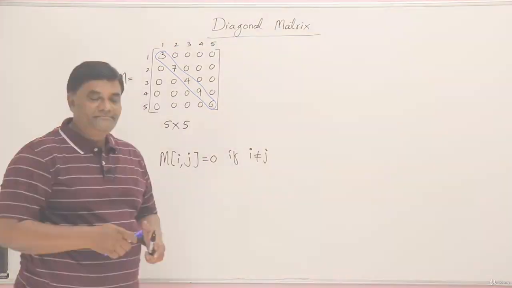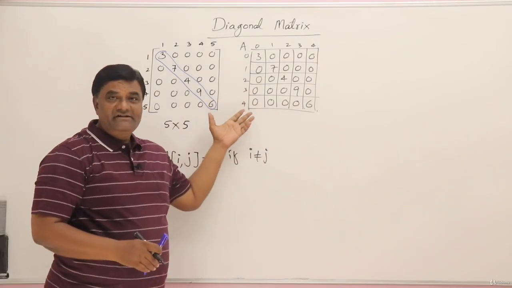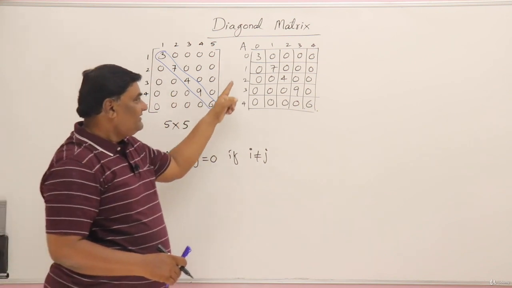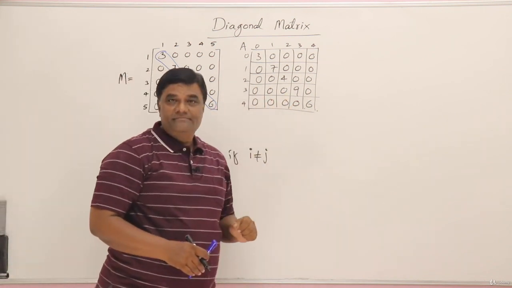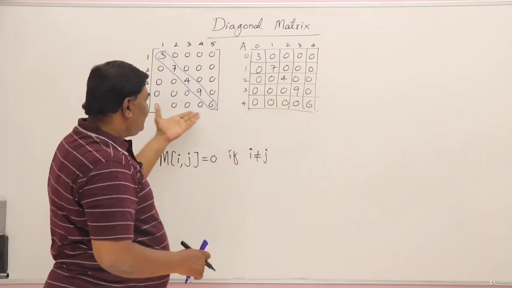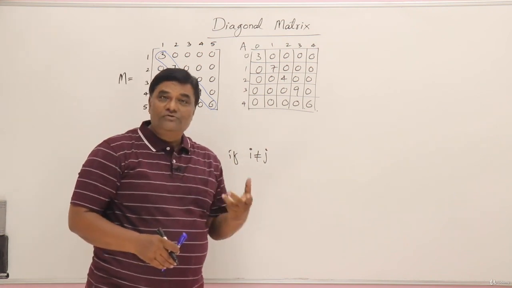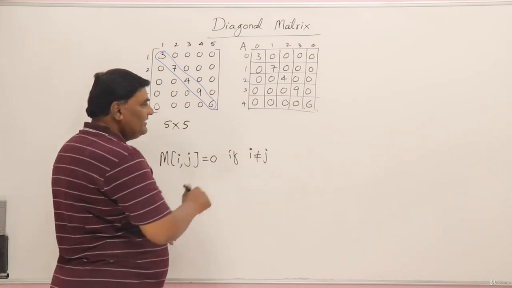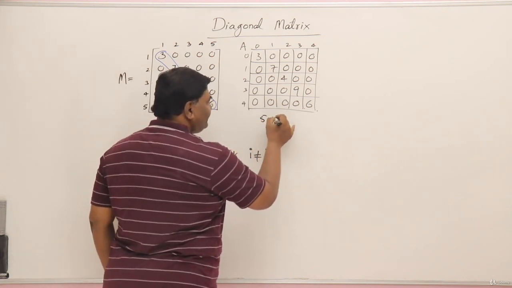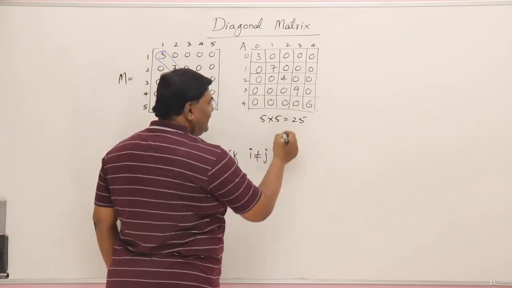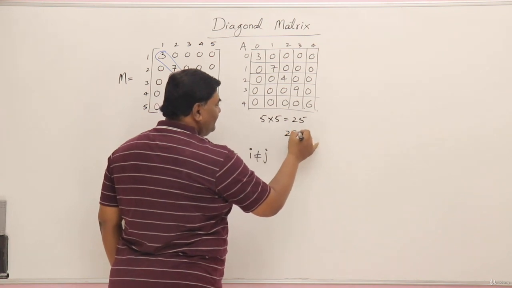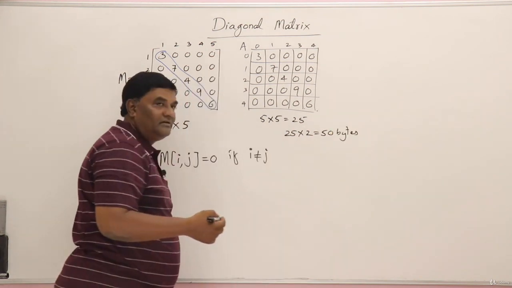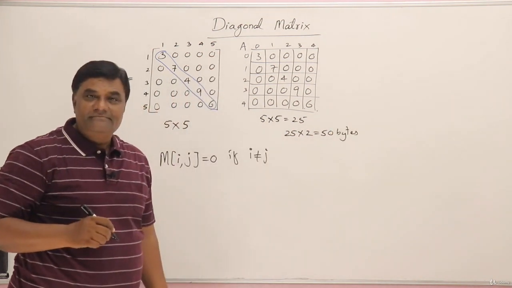If these are integers and an integer takes 2 bytes, then how many bytes of memory is this array consuming? There are 5 into 5, that is 25 elements, and each element is taking 2 bytes, so it is taking 50 bytes. 50 bytes of memory it's consuming.